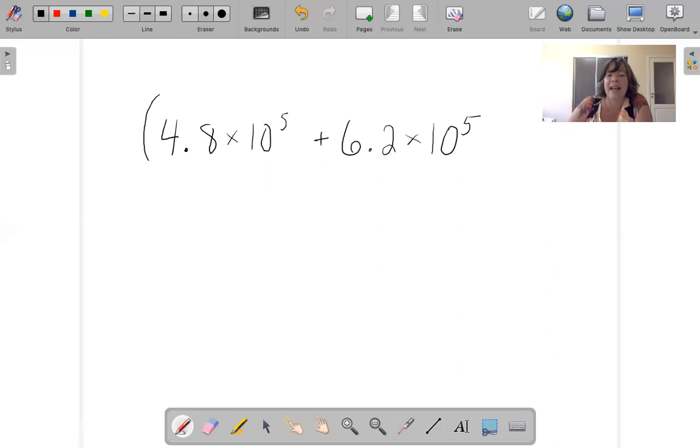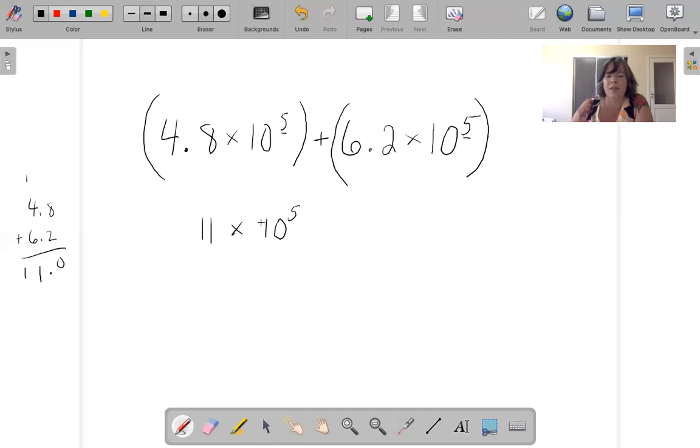I need to add this plus this. Now we're lucky here, the exponent is the same. If the exponent's the same, all you have to do is add these two numbers. 4.8 plus 6.2 is 11. So this is 11 times 10 to the 5th.